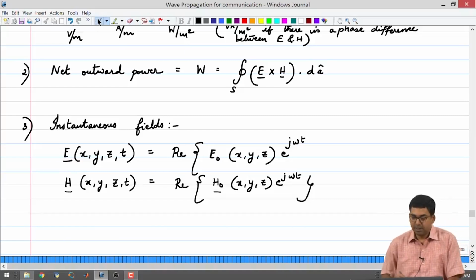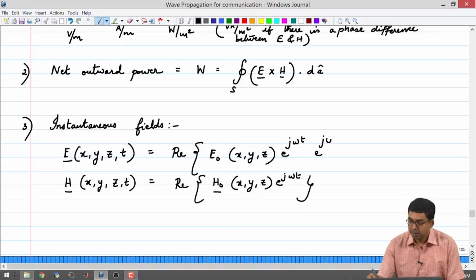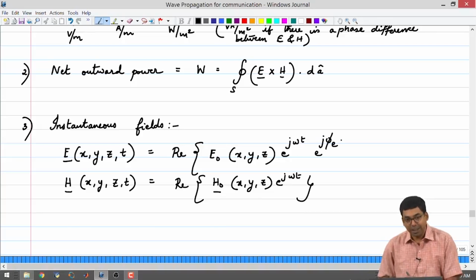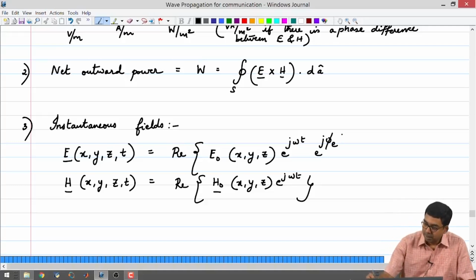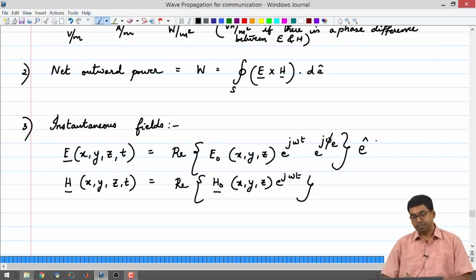I will say that the electric field with respect to a reference has a phase phi E, okay, and the unit vector is given by E hat.